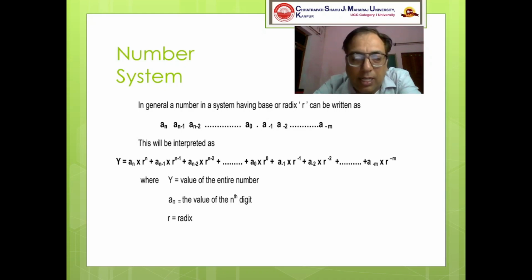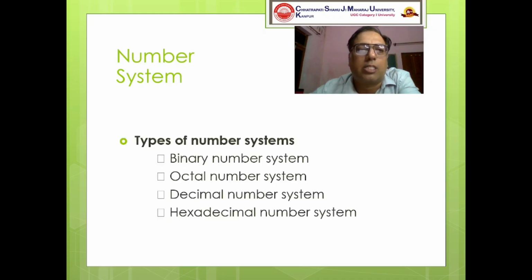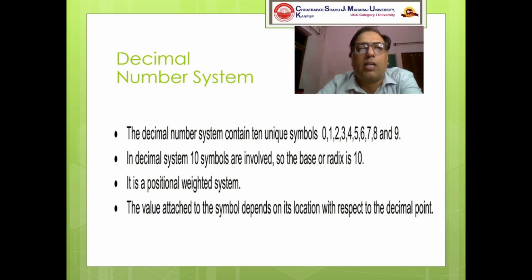This can be more easily understood when we go to different number systems. Let us first of all see the decimal number system. In total, we will be studying 4 number systems: binary number system, octal number system, decimal number system, hexadecimal number system. First, let us see one of the basic ones, the decimal number system which we use in our daily life.